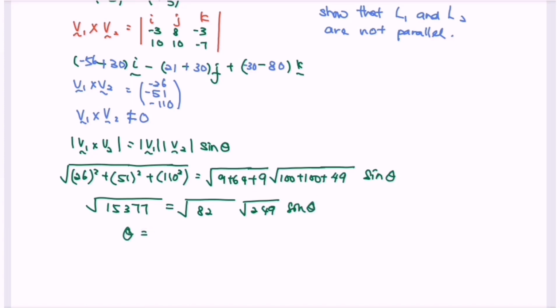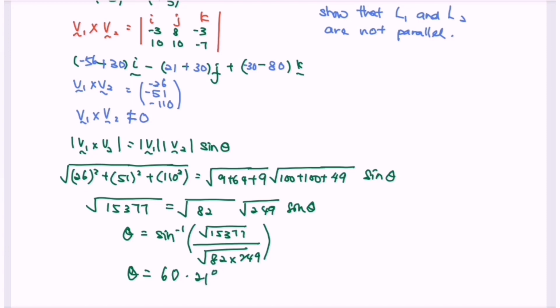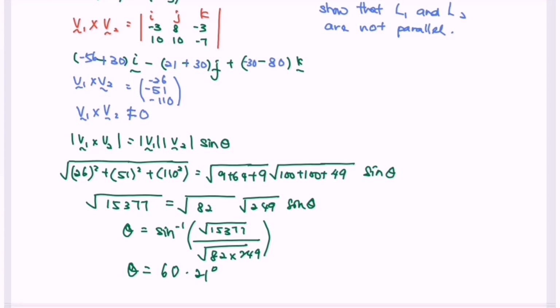Theta equals arcsine of the square root of 15377 over the square root of 82 multiplied with 249. So from here, theta equals 60.21 degrees. So that is the angle between the two straight lines.